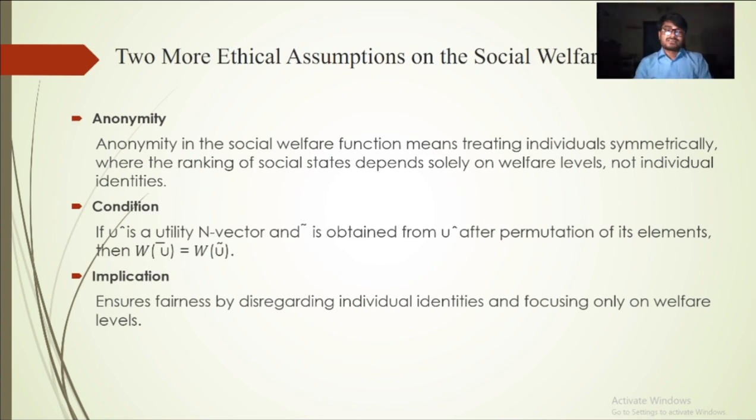The implication is that it ensures fairness by disregarding individual identities and focusing only on welfare levels. The condition of anonymity simply says people should be treated symmetrically. Under A, the ranking of the social state should not depend on the identity of the individuals involved, only the levels of welfare involved.